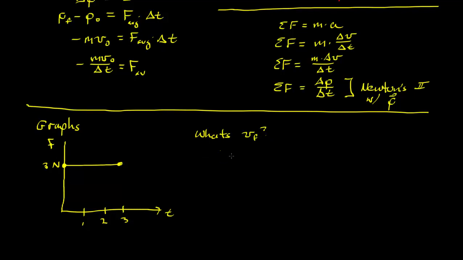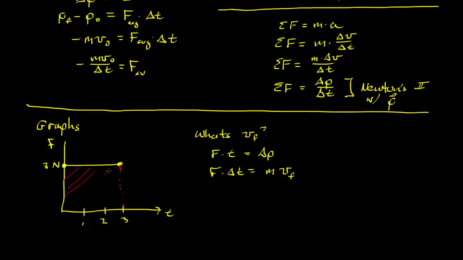Well, since it's force and time, we know that force times time is equal to the change of momentum. And assuming an initial velocity of 0, then my force times delta t would just be the final momentum, m v_f. And this part, the impulse, is going to be the area under this curve.